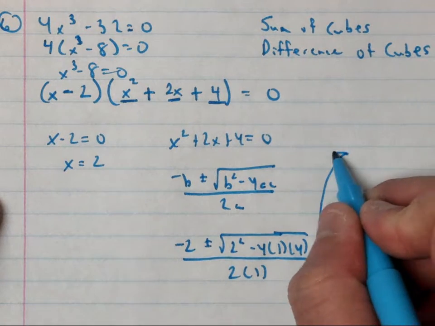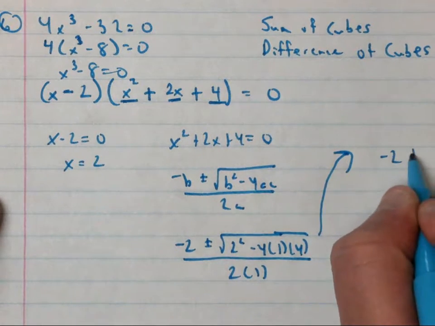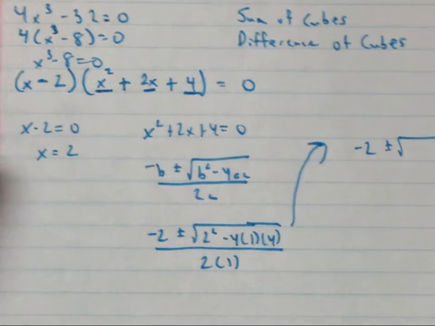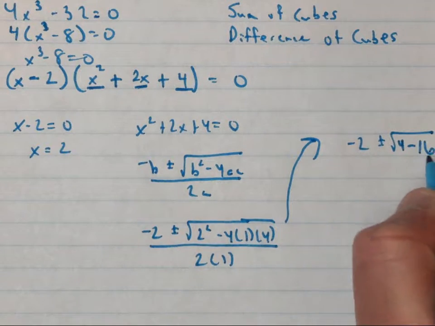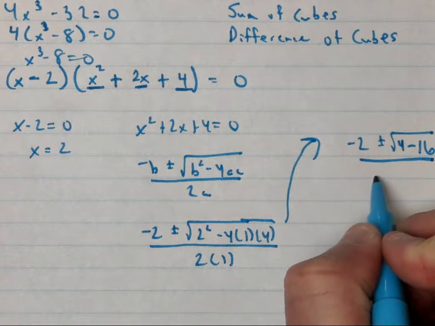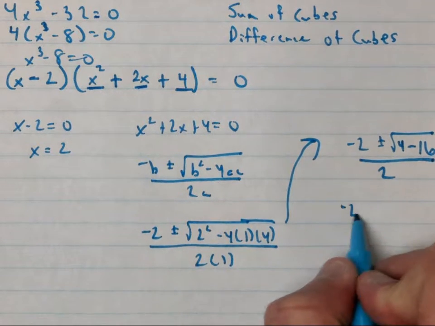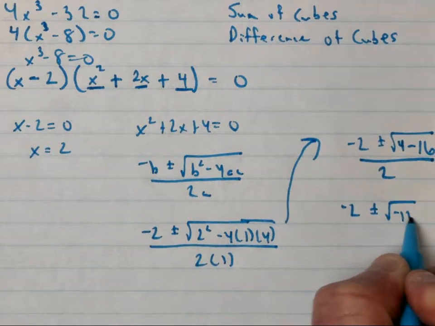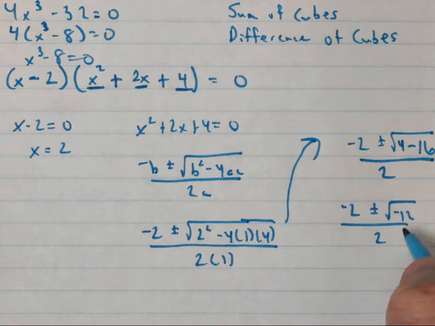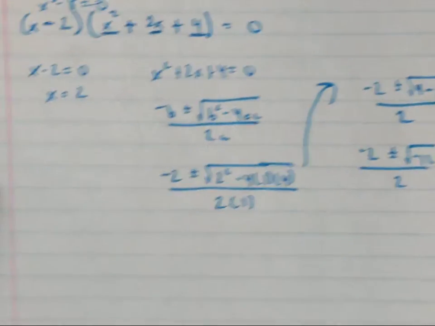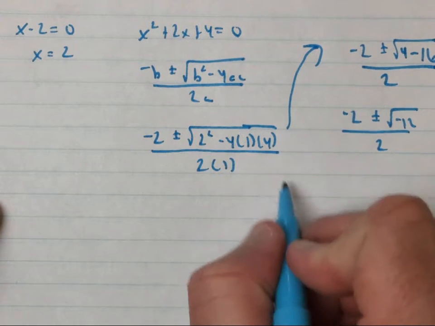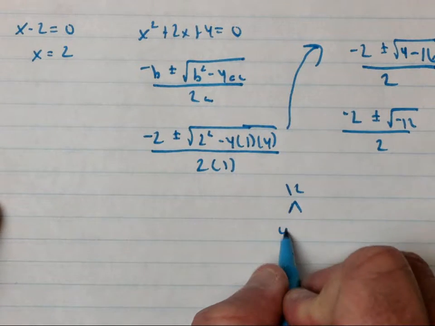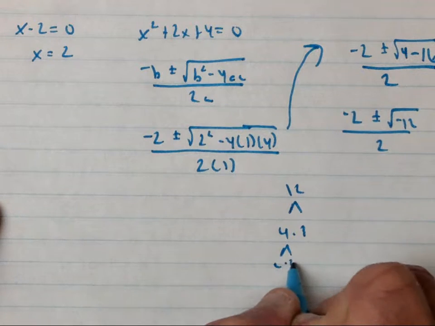I'm going to bring this up here so you can see it. Negative 2 plus or minus 4 minus 16 all over 2. Negative 2 plus or minus square root of negative 12 over 2. Break 12 down: 4 times 3.